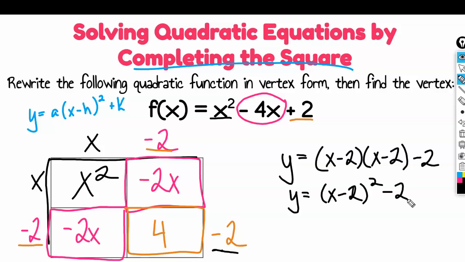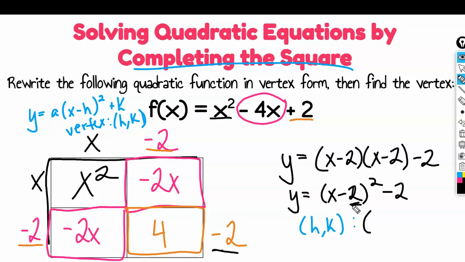Now, my vertex form gives me the vertex. That's why it's called vertex form. My vertex is h, comma, k. So finding it from this equation, h is that number inside the parentheses next to the minus sign.